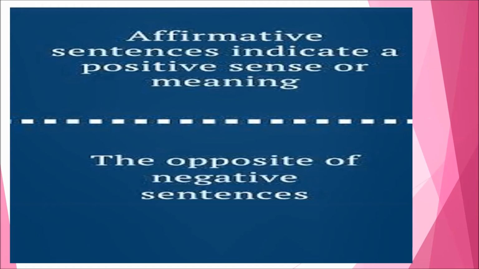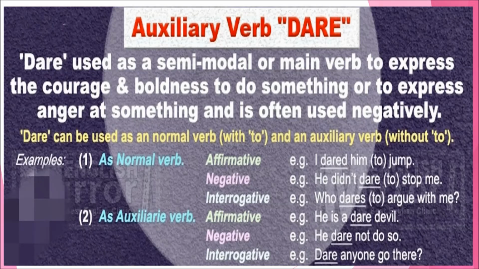Next, we are going to see the modal auxiliary verb dare. Dare is used as a semi-modal or main verb to express the courage and boldness to do something or to express anger at something, and is often used negatively.